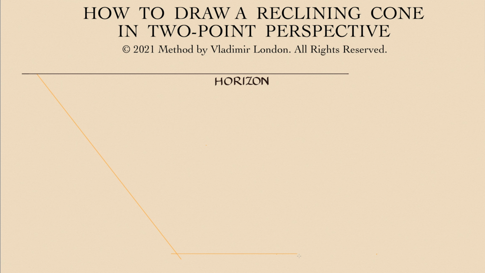Then I draw a horizontal line to divide the depth in half. It is split into two equal parts. Two more vanishing lines go into the same vanishing point. One more vanishing line points into the vanishing point beyond the drawing area on the right-hand side.